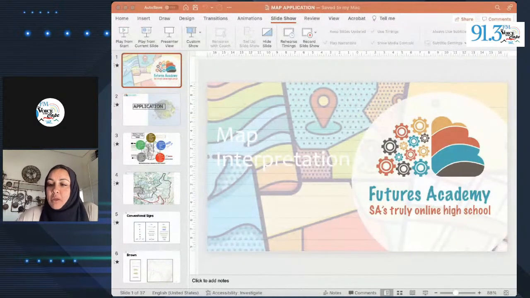The further apart our contour lines are from each other, the more gentle or flatter the slope. Whereas if the contour lines are very close together, that particular region is either mountainous or very hilly in nature.